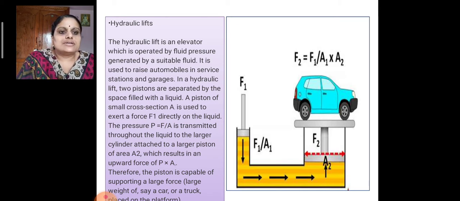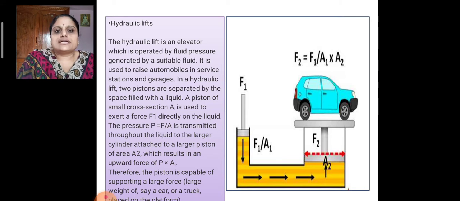If you want to lift a heavy object like a car placed on a platform having an area of cross section A2, which is in turn connected to another area of cross section A1, which is connected to a piston, and the region in between is filled with a fluid.